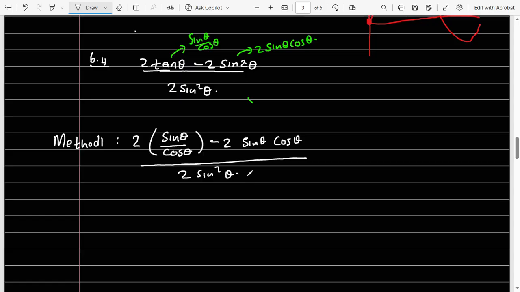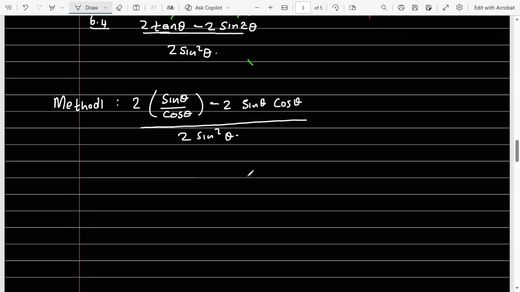So the first method that I want to show you guys is that when I have something like this, focus on what you need on top, which is, on top I need to have only sine.